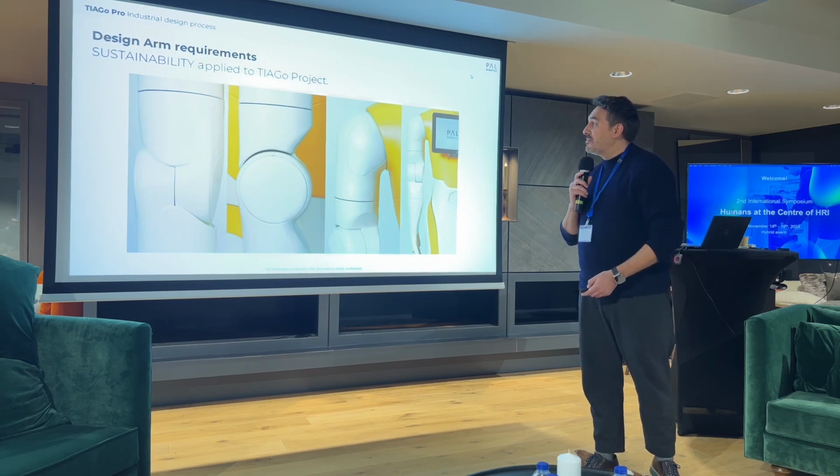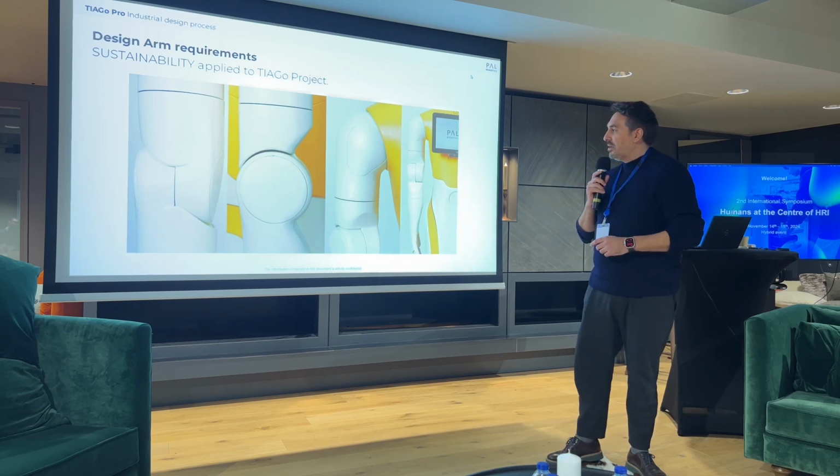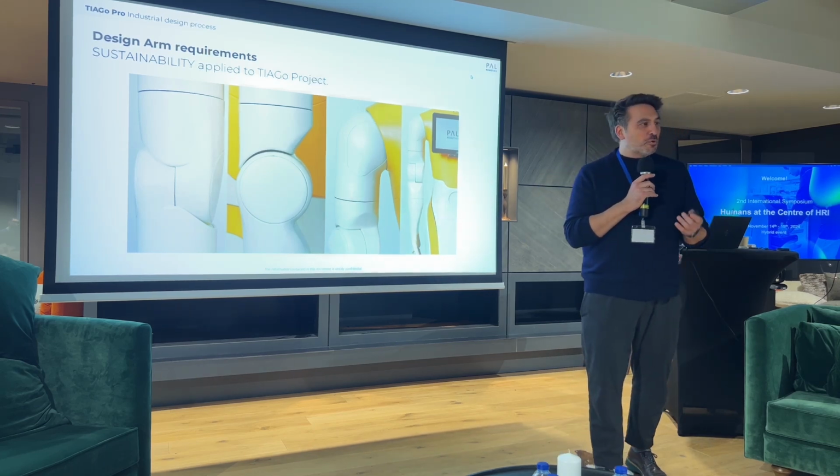When I started the design of the arm at PAL, the arm of ARI was 3D printed, structural and cosmetic. It didn't use only one material. We used a dynamic cell assembly with a little part of metal inside, but there was the intention to use as little material as possible.